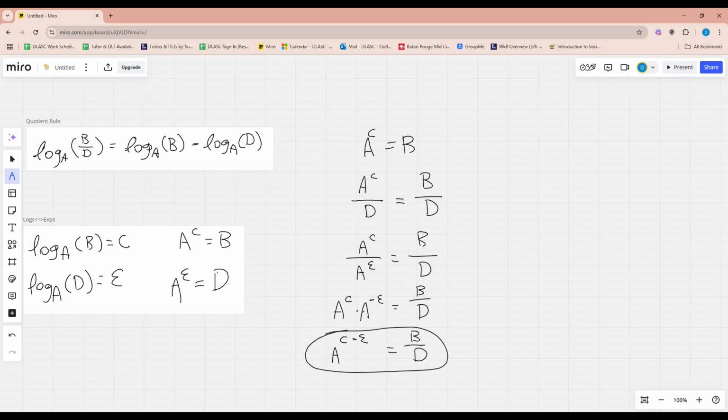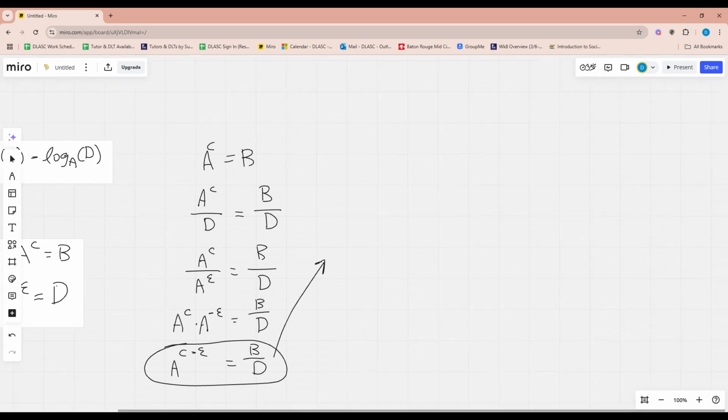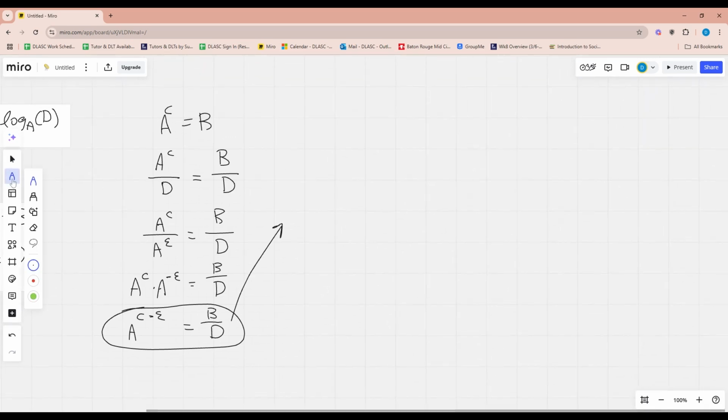So note the relationship between logs and exponents. If they're inverses of each other and we know how they're laid out, then that means the log base a of b over d is equal to c minus e.